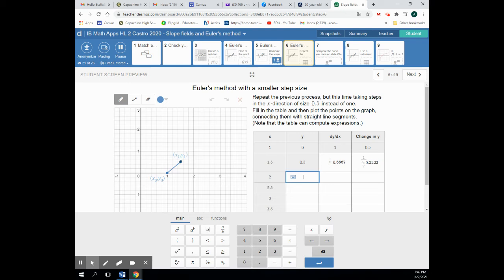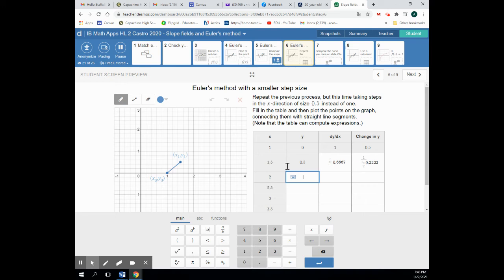So if I had been going over an entire step to the right, then I would have gone up 2/3. But since I'm only going half a step to the right, because my x values are changing by a half unit each time, I'm only going to go up half of that slope, half of that rate of change. So instead of going up 2/3 of a unit, I'm going up 1/3 of a unit.